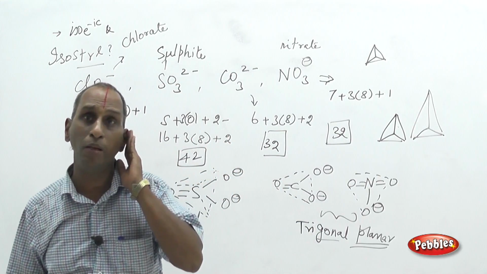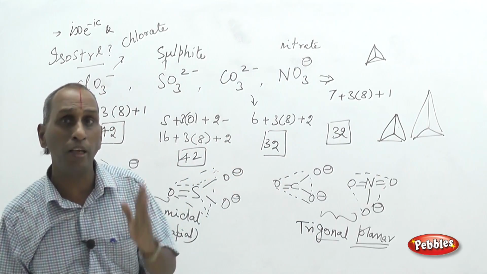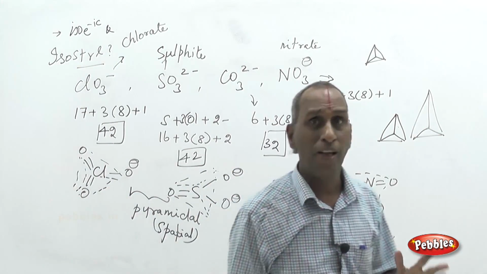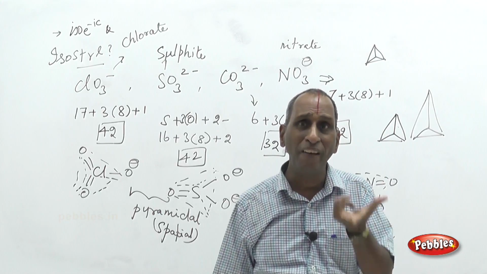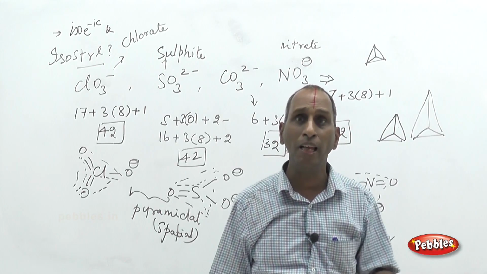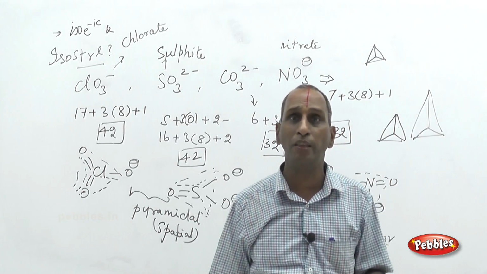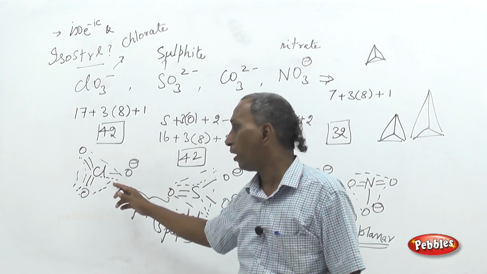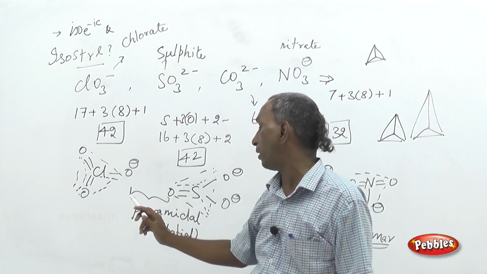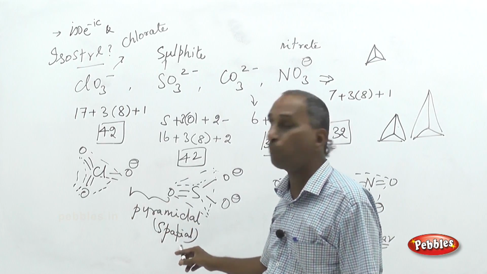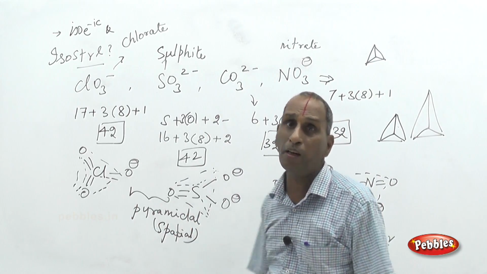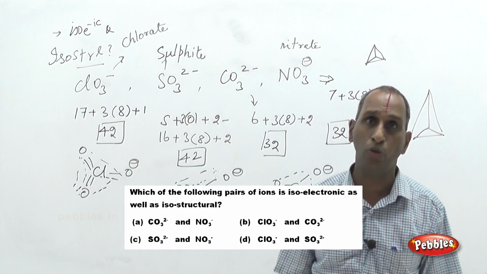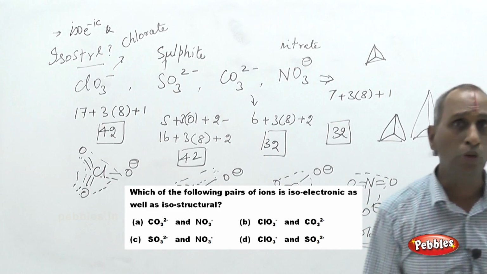Here we have to bear in mind that isoelectronic means the same number of electrons in a system, whereas isostructural means how the bonds are distributed as per the valence shell electron pair repulsion theory, whether a planar or non-planar arrangement. Pyramidal means non-planar arrangement. Trigonal planar means, as the name implies, a planar arrangement. That is to be noted with respect to this question.